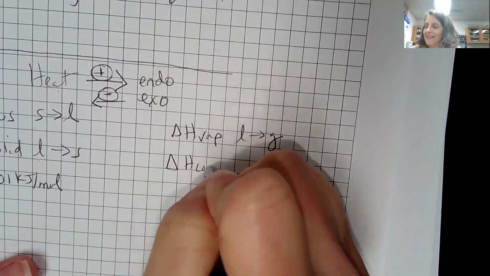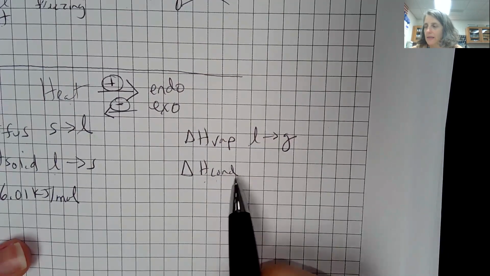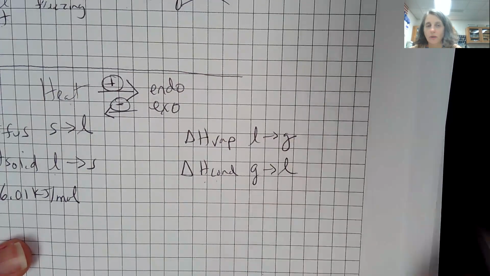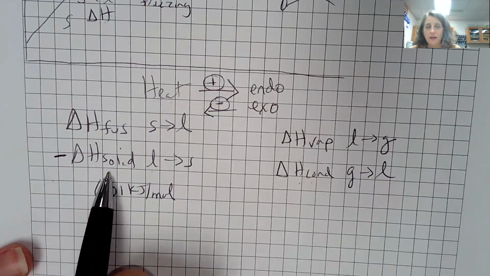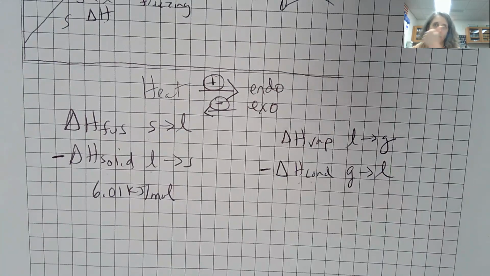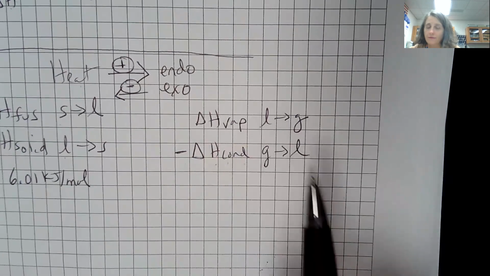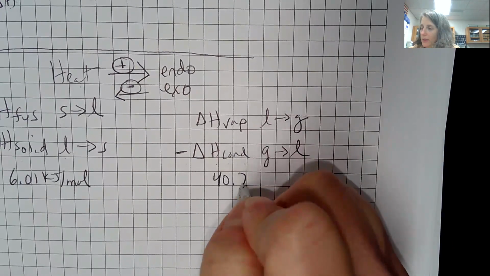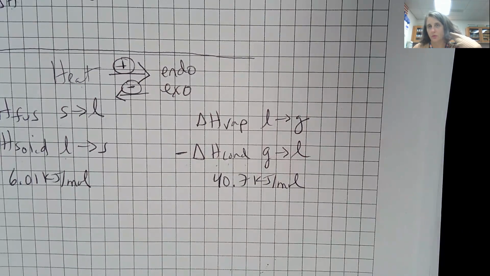It is heat of condensation, abbreviated cond, and that's a gas going to a liquid. Similarly, heat of condensation is negative, like heat of solidification, because I'm going from right to left, the opposite way. And for water, the number is 40.7 kilojoules per mole.